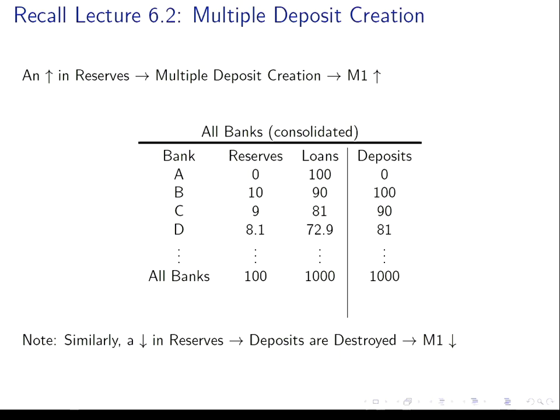You said that it wouldn't work with a single bank because if someone wrote a check to someone, then the deposits would decrease in the first person by the same amount it would increase in the second person, so it'll be zero change. Yeah. So why is that different when Bank A writes a check to Bank B? Why isn't Bank A going down and Bank B going up, so the change is zero?